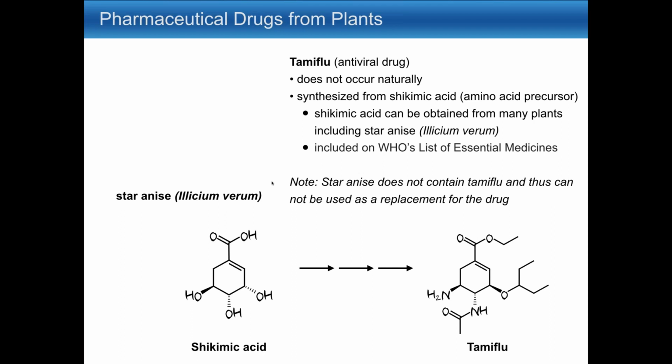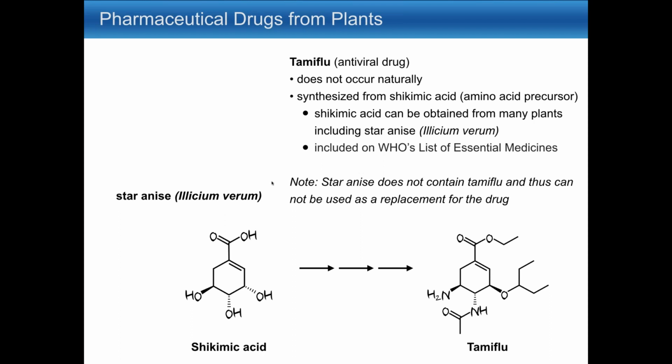The advantage of starting with shikimic acid is that there are not that many steps to convert shikimic acid to Tamiflu. So if you start with a natural product, refine it, use that as your building block, and then purify it later on, it's more cost effective to do that.